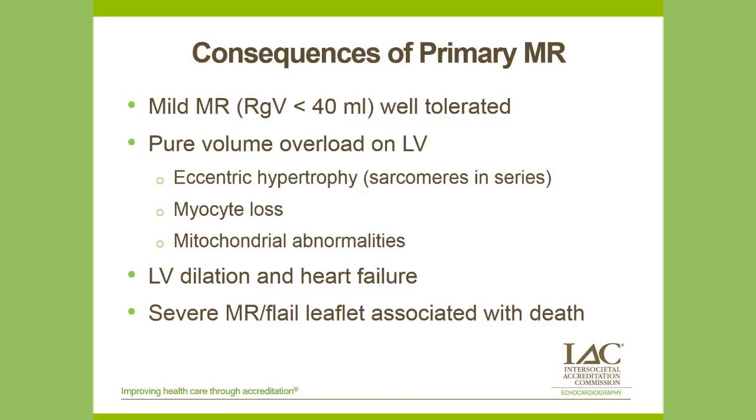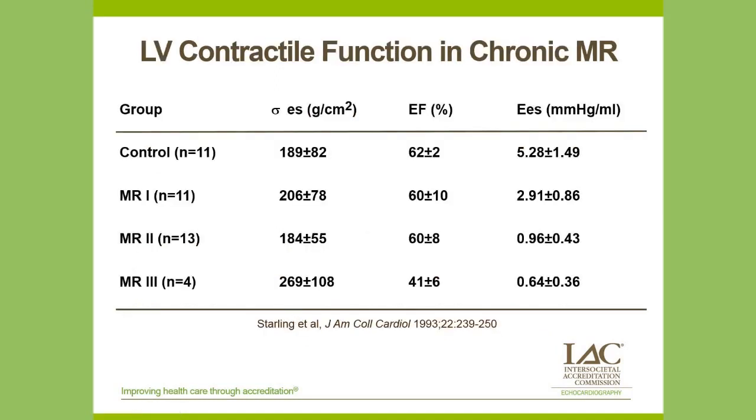You lose myocytes over time, and you get mitochondrial abnormalities. And so you ultimately get LV dysfunction, LV dilation, and heart failure if you don't treat it. We also know that if you have a flail leaflet with severe MR, that is associated with death in several series, so we want to fix that. We'll get to that in a minute.